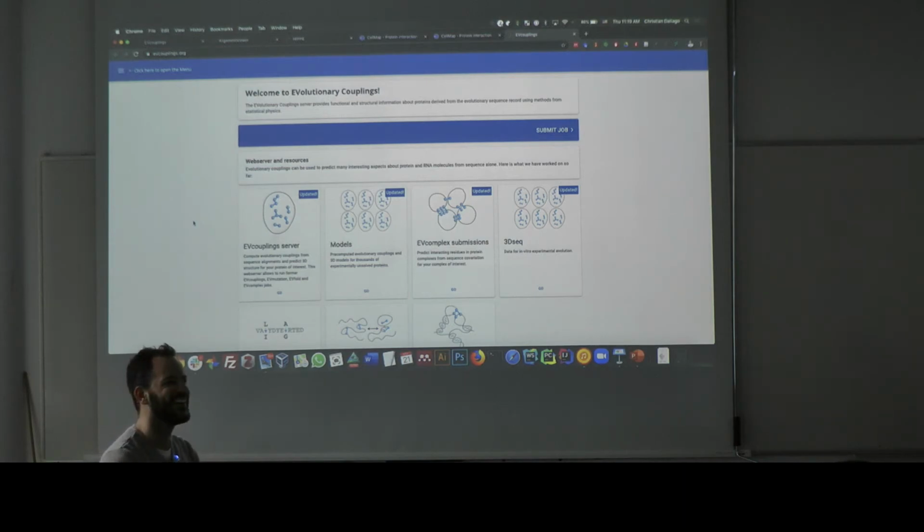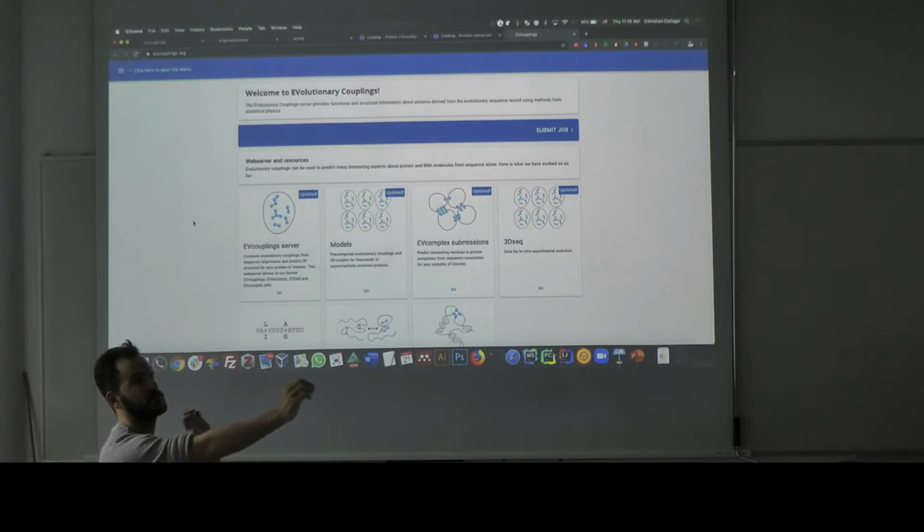Okay. So the idea behind the biology in this case is that if we have a stretch of proteins, it's very likely that two positions that are strongly correlated form a contact in 3D. What does it mean that they're strongly correlated?